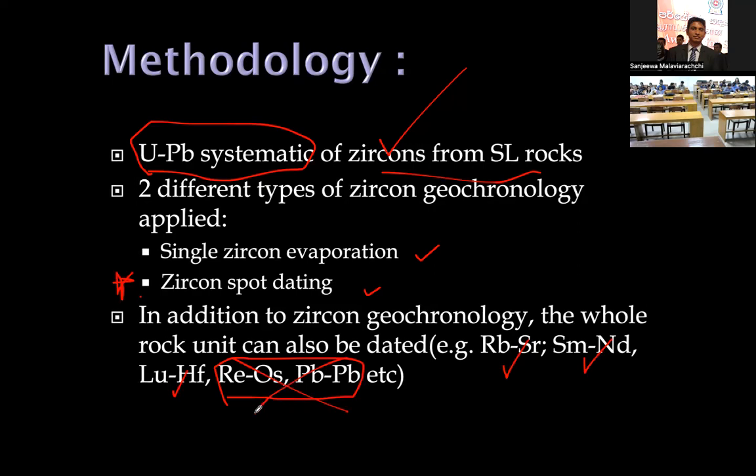So for the time being, we have the application of zircon, rubidium-strontium, samarium-neodymium, and lutetium-hafnium for our geochronology. In addition, some monazite dating has been done. You know, monazite grain, it's like zircon. That is also an accessory mineral, which can also be used for this geochronological work, right? So this has also been applied to Sri Lankan rocks, but only one study is there.